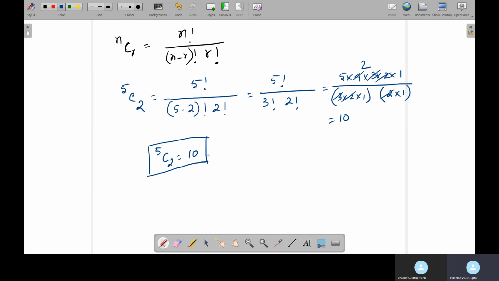Now coming to the point of how you are going to write (a plus b) whole to the power n.